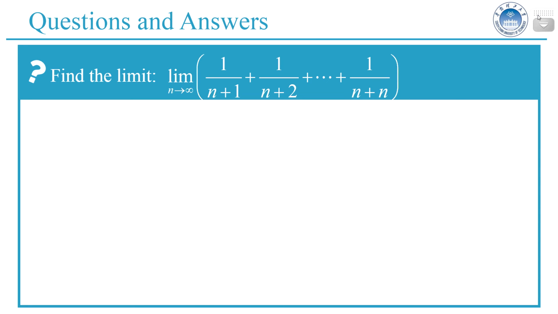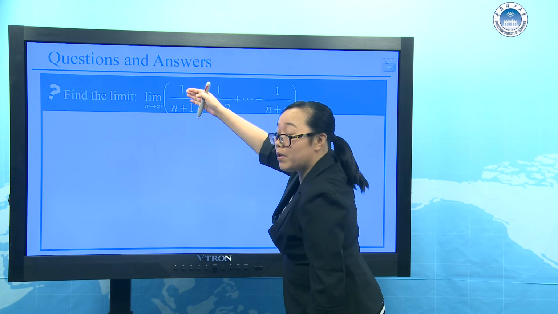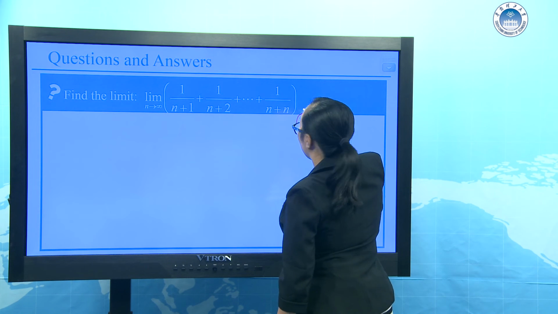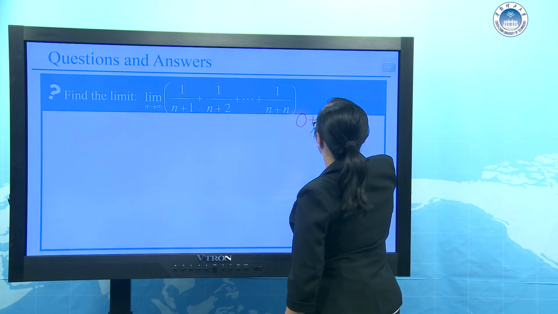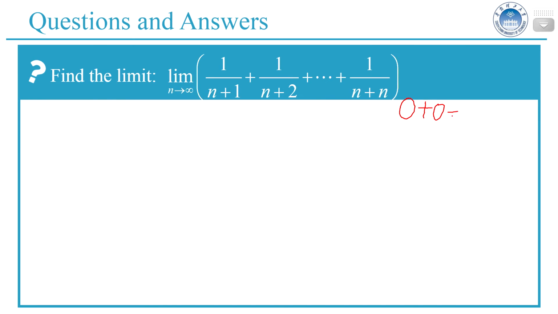Maybe you can write it like this: as n tends to positive infinity, the first limit equals 0, the second equals 0, and so on, the last equals 0. Zero plus zero plus zero together equals 0.